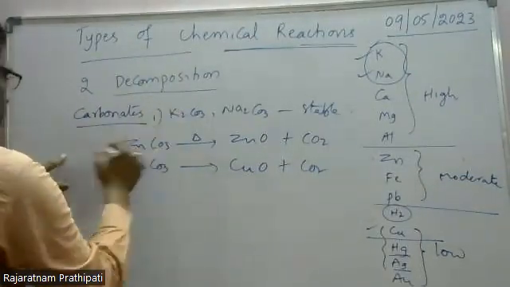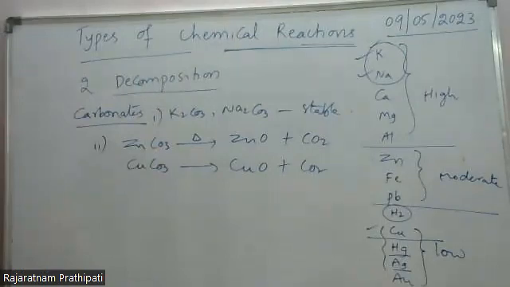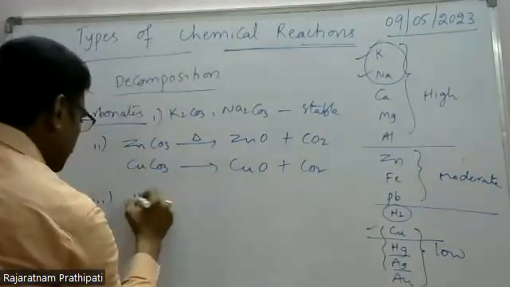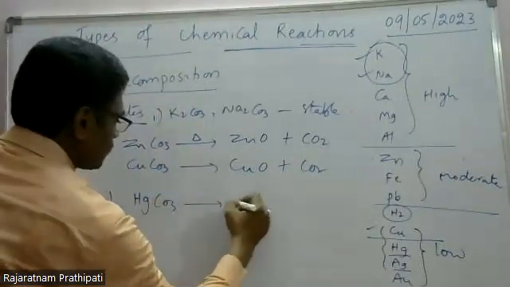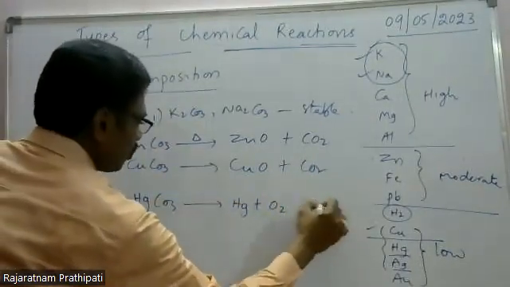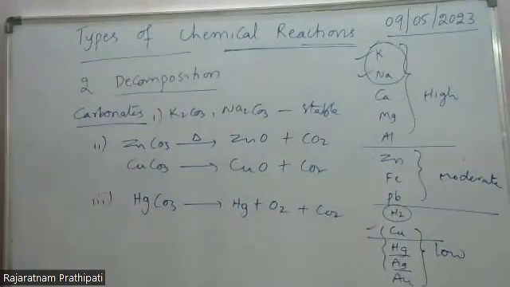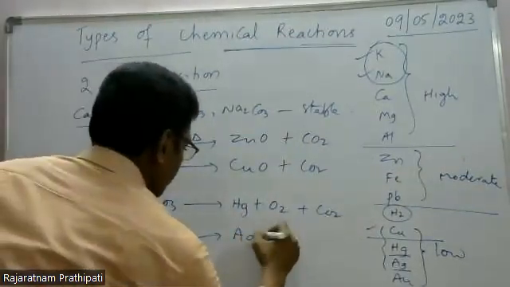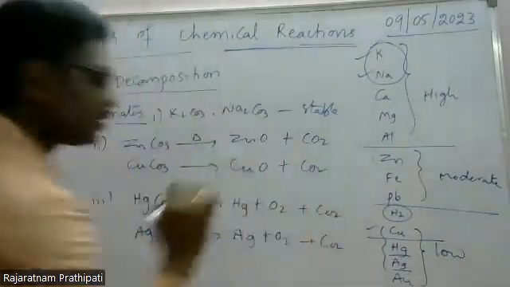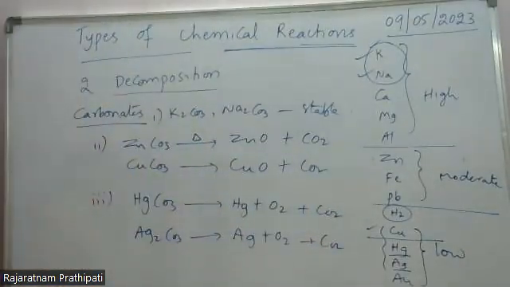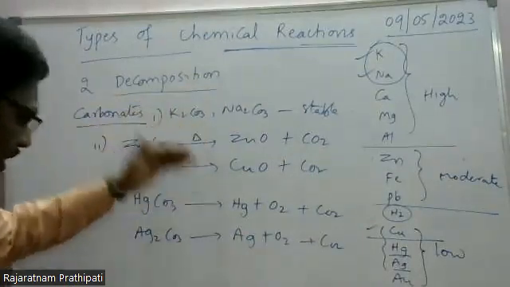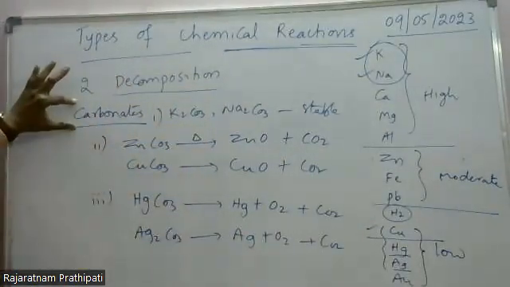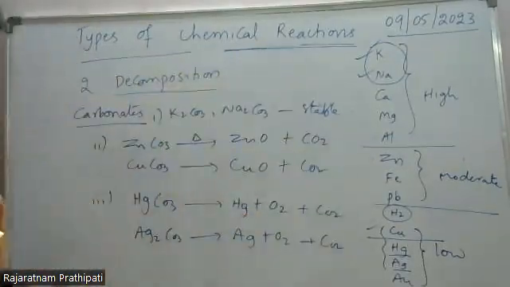This is the first type, this is the second type, and here the third type. Look at these low reactive metals: HgCO3 gives rise to Hg plus O2 plus CO2. Ag2CO3 gives rise to Ag plus O2 plus CO2. These are the three different types of decomposition of carbonates of different metals.